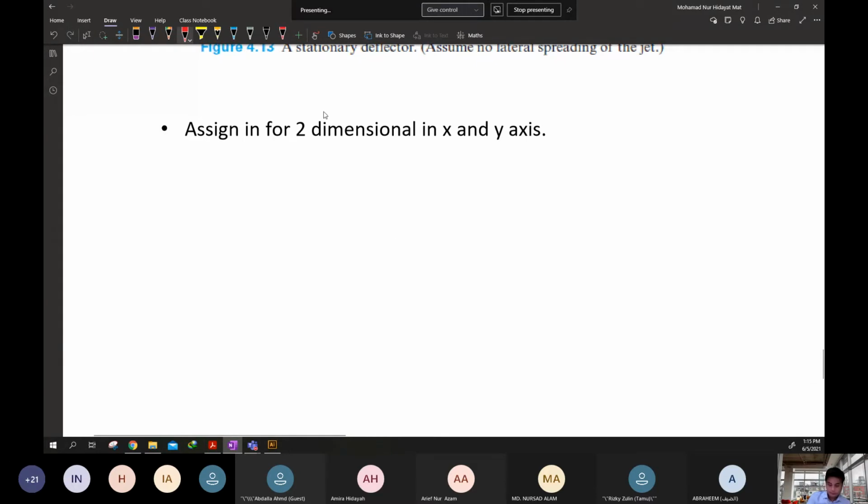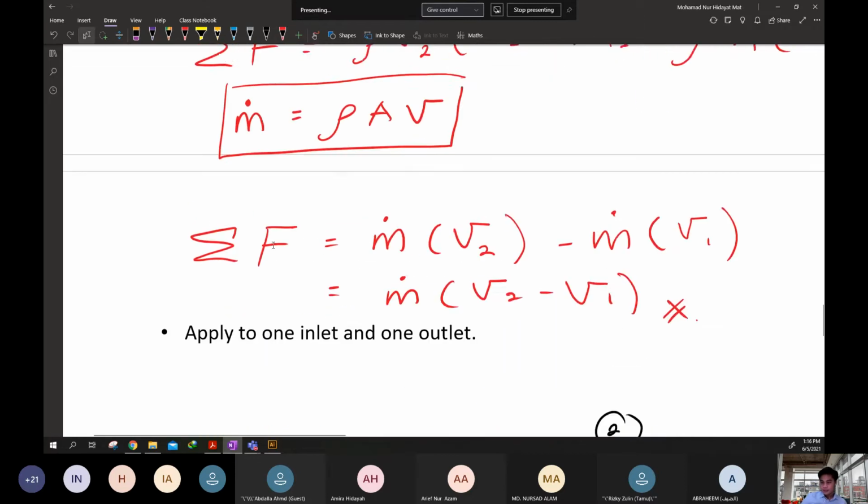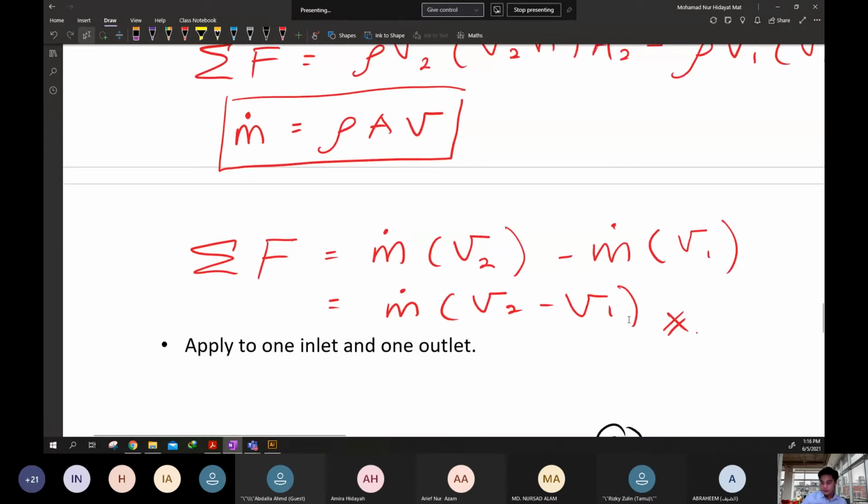From here we can say Fx, the summation of force in the x component, is equal to mass flow rate times (V2x minus V1x). You can see here, I just put the x component.